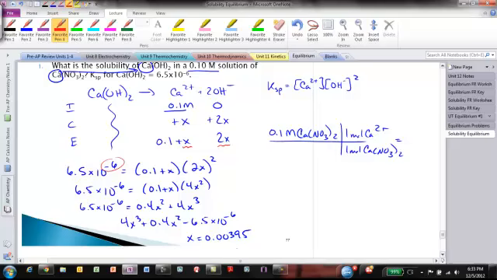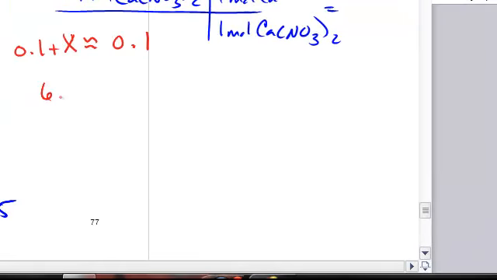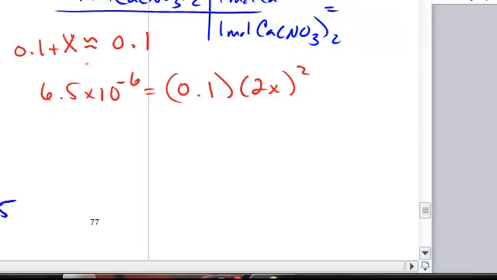It's going to be 0.10395. So what we're going to go back and do is this part right here, we're going to say 0.1 plus x is approximately going to equal 0.1. And we're going to simplify this entire expression before we would have done it. I just wanted to show you that it was okay. And you would assume this away before you did this whole mess of math.